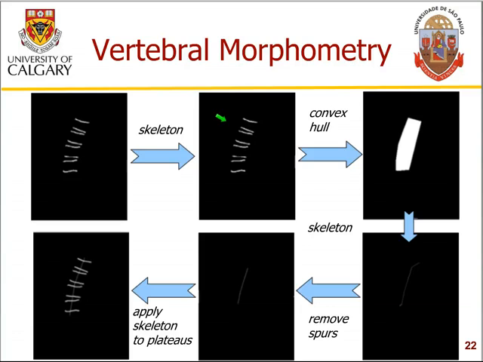There is a skeletonization procedure to reduce each plateau to just a single pixel thick line, and then we obtain the convex hull. The convex hull is the smallest convex region that encloses all the automatically detected points. So the convex hull now gives the entire region covering L1 through L4.